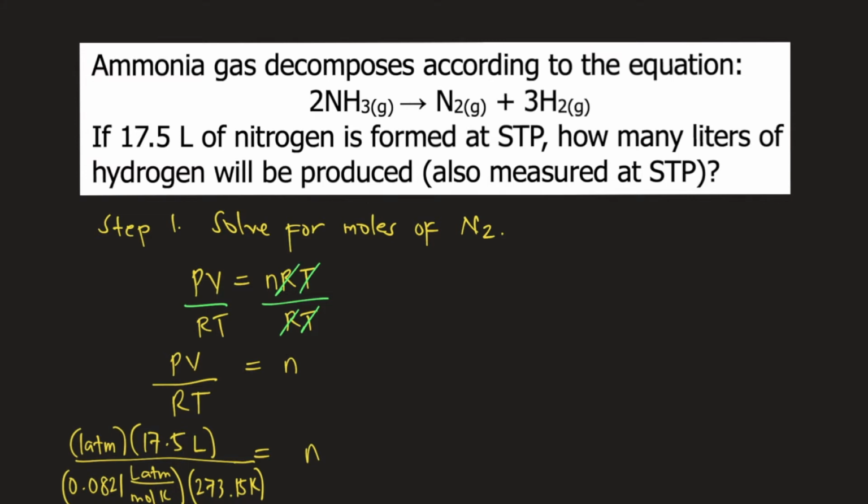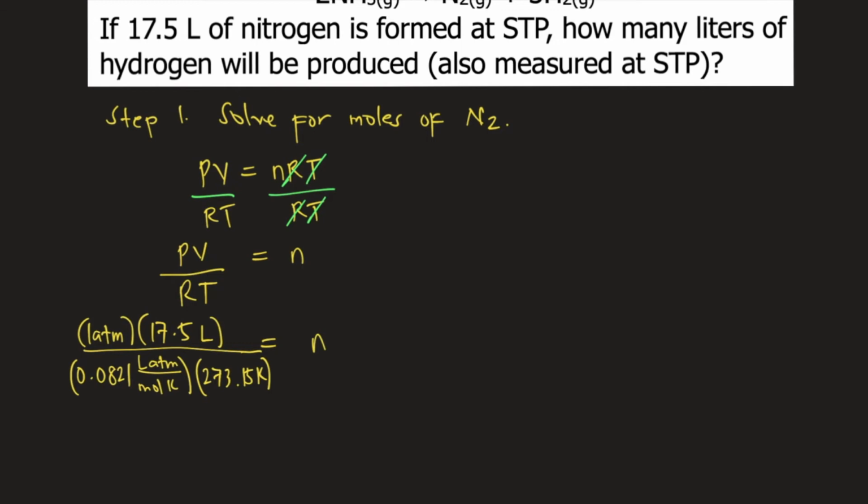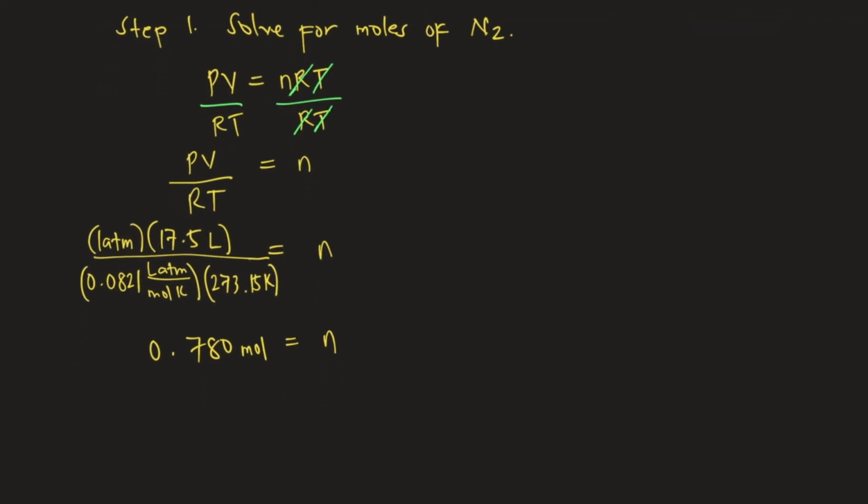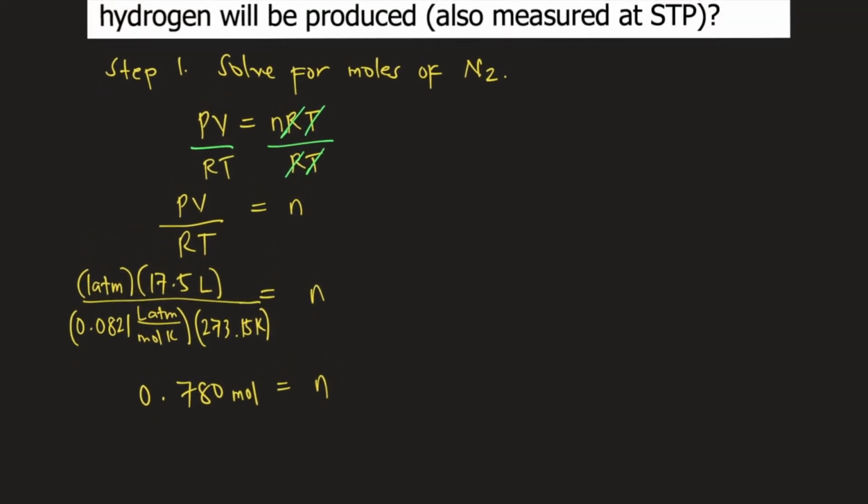So if you solve for n, or the moles of nitrogen gas, it is equal to 0.780 moles. Then we move on to step number 2.